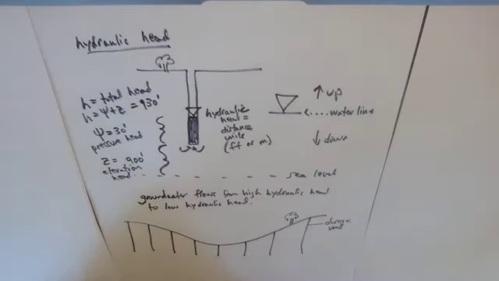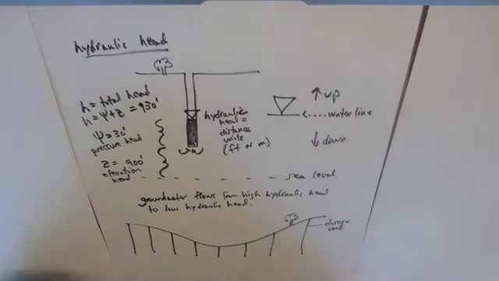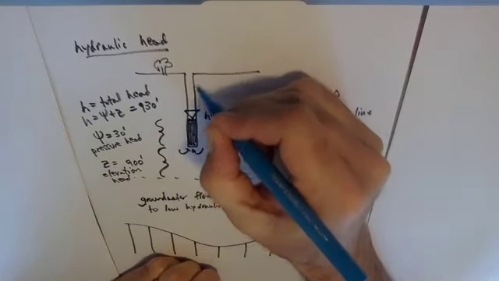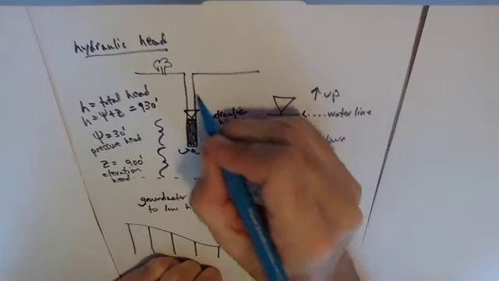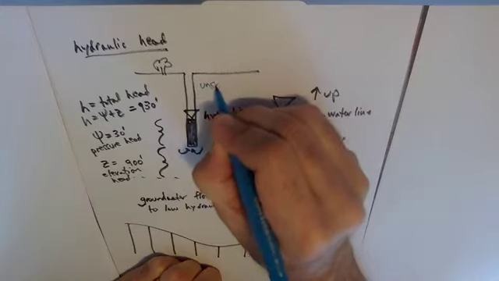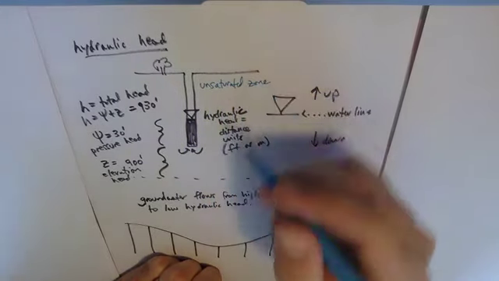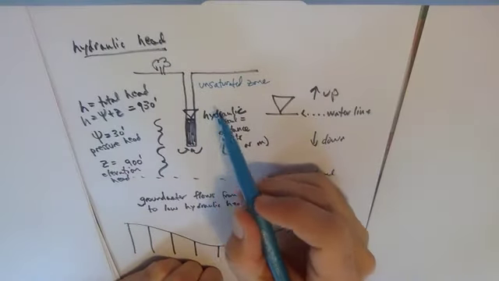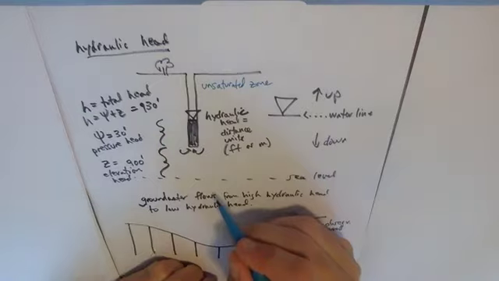Excuse me, I need to back up half a step. The other thing you need to know is that when you are drilling down from the land surface and you dig a hole and it doesn't fill with water, we refer to that as the unsaturated zone. And the reason it's called the unsaturated zone is because not all of the little pore spaces, the little empty spaces, are filled with water.